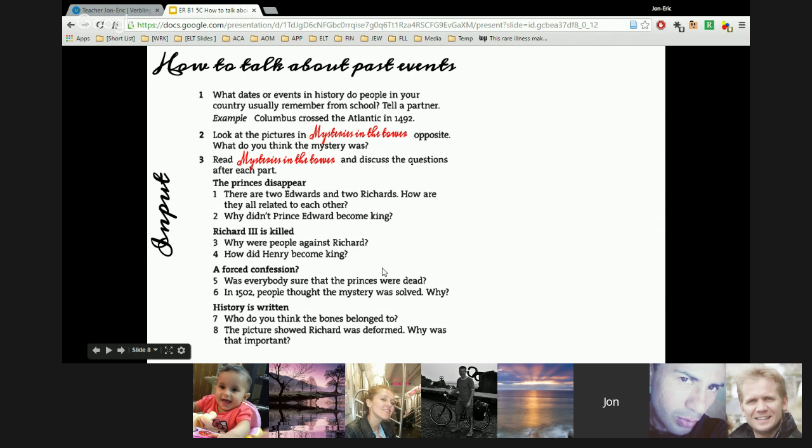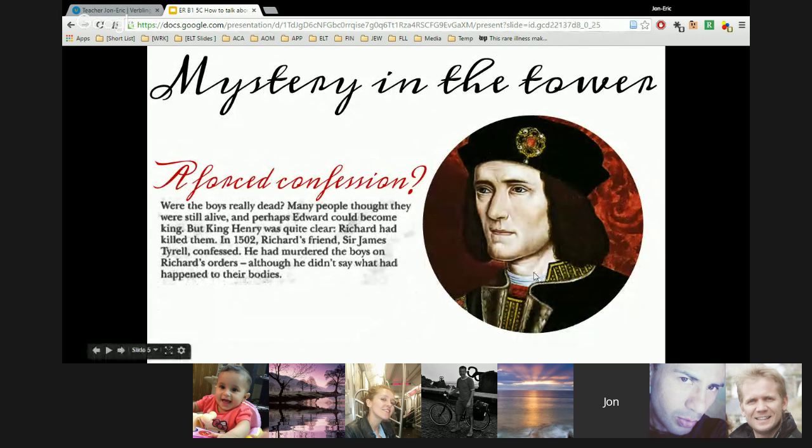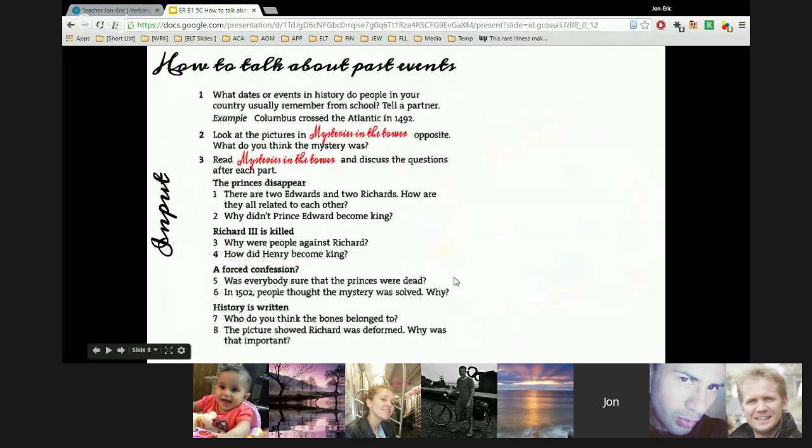Last question. The picture showed Richard was deformed. Why was that important to the story? If you take a look at this picture, we can't see it here, but if you see the full picture, one arm looks slightly different than the other, and that's supposed to show that he was in fact deformed.